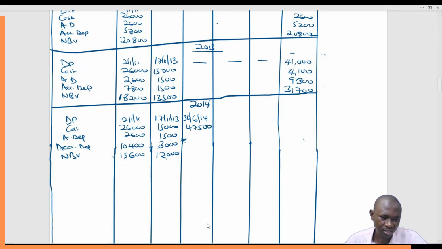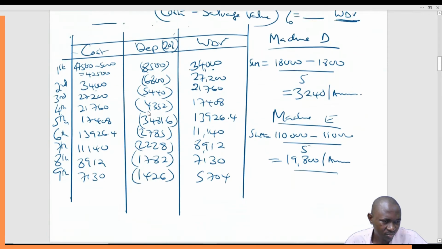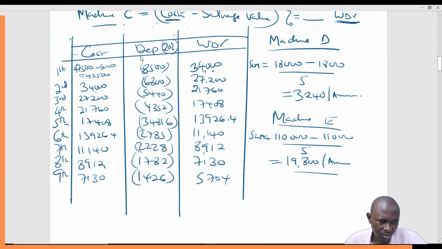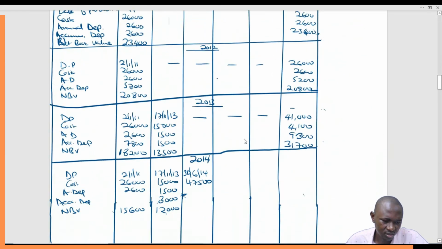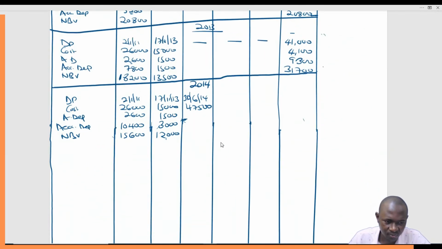And now the depreciation. Now remember, for C, the depreciation was not constant. So these are the figures that we'll be picking: 8,500. We picked 8.5 the first year. And of course, we had already worked out the difference. 47.5 minus 8.5 gives us 39,000.